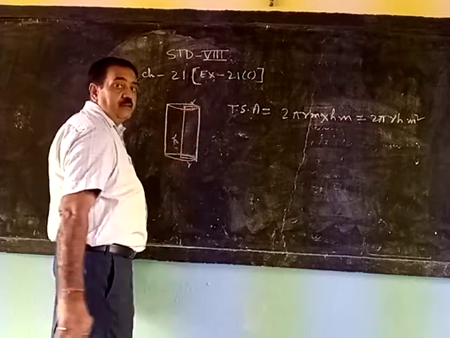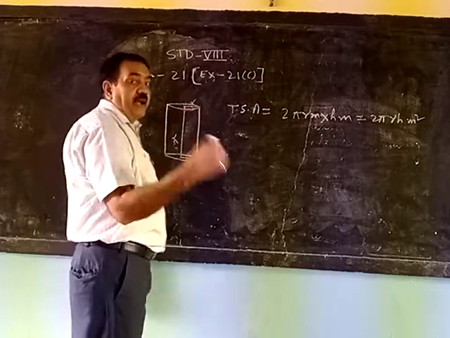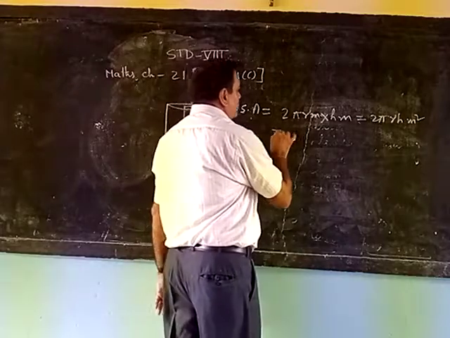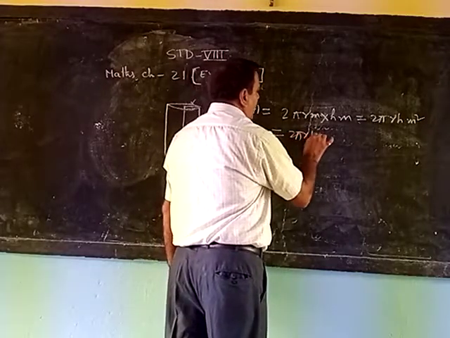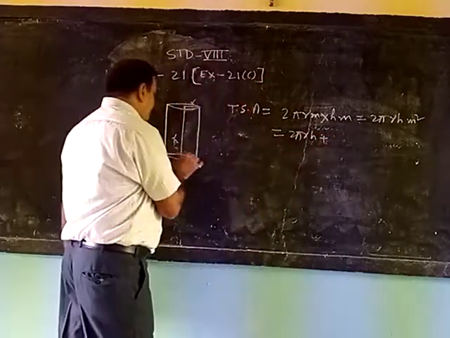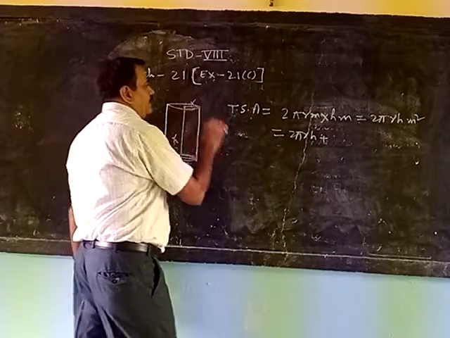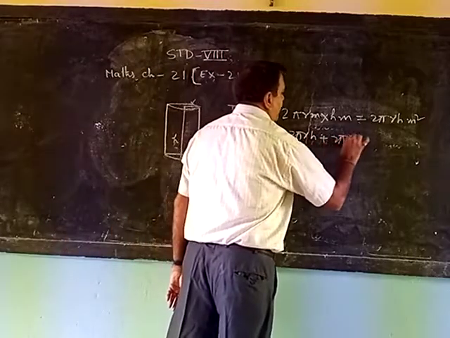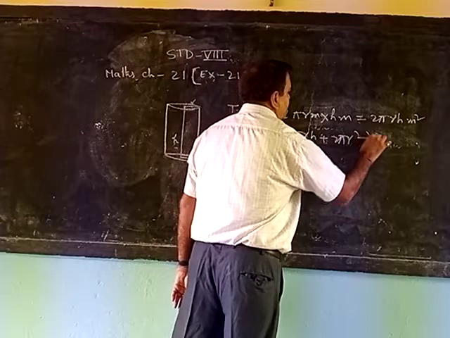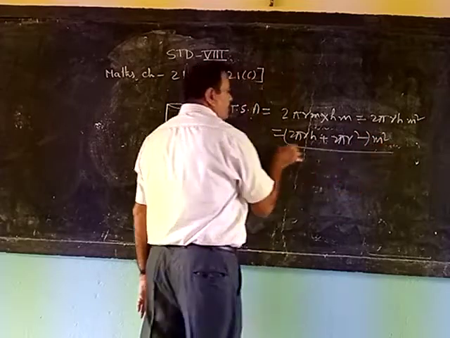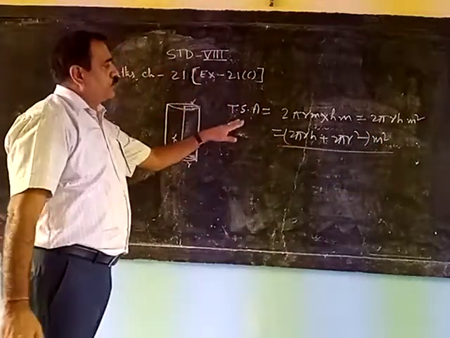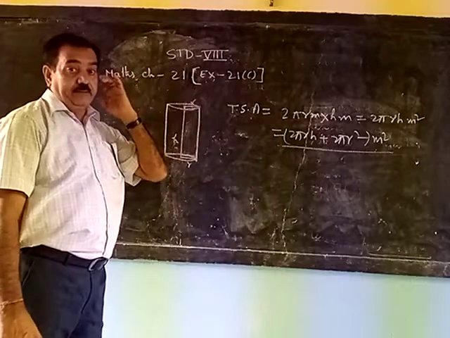Since it is a circle, one circle's area is pi r square. So total surface area is 2 pi r h plus pi r square plus pi r square, meaning 2 pi r square. This is meter square. This is the formula to find the total surface area of a cylinder.